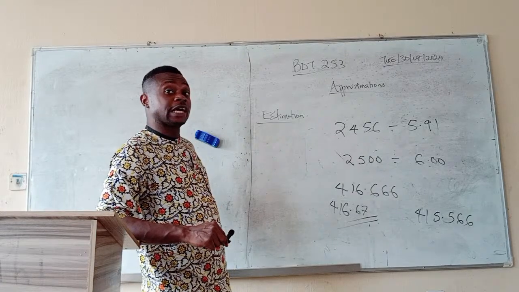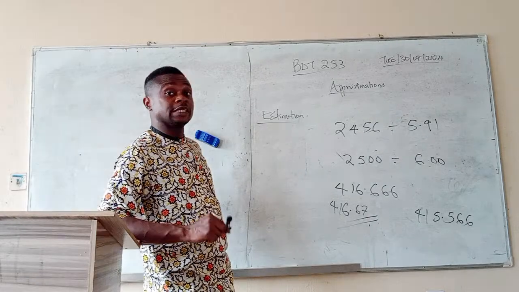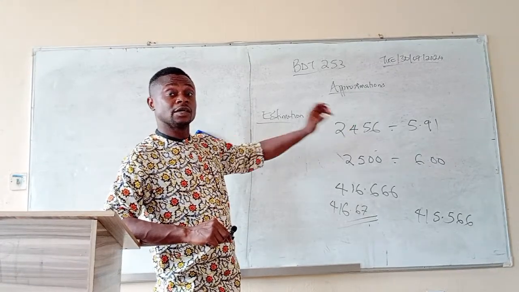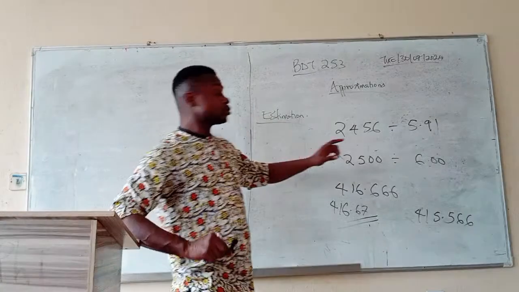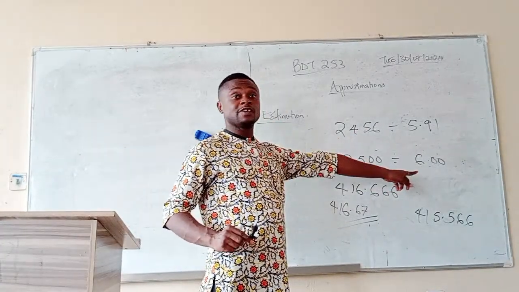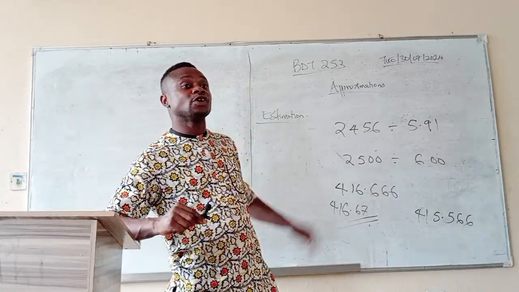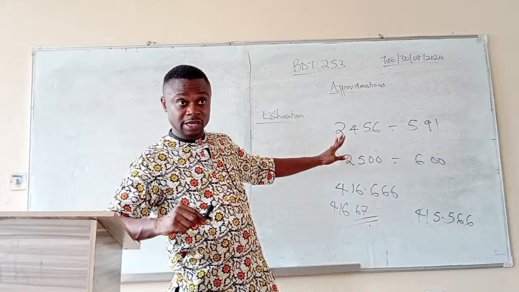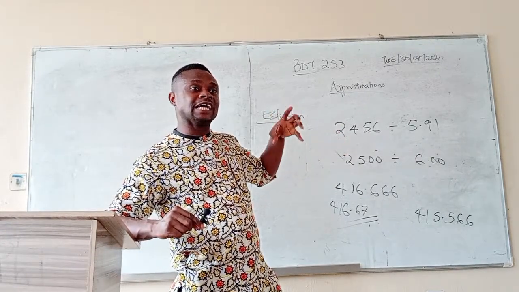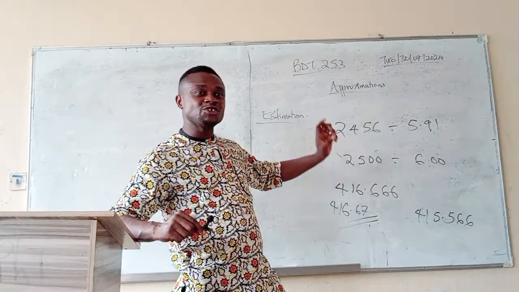Following the rule you are given. Are we together? Listen carefully. Once you look at this, you can do 2,500 divided by 6, following the rule. But sometimes it's an estimation, and the decimal point appearing there is not really your issue.